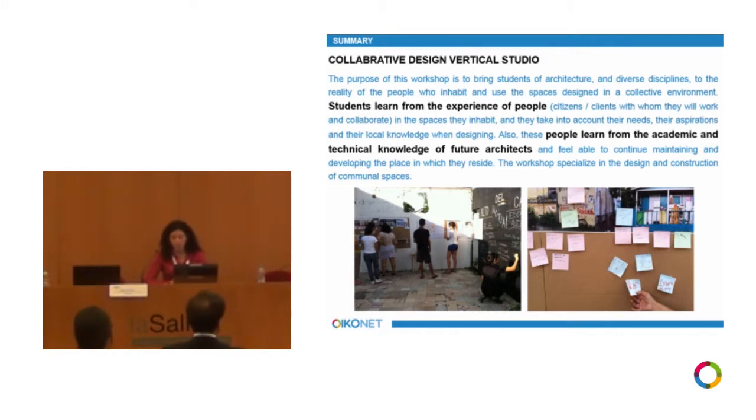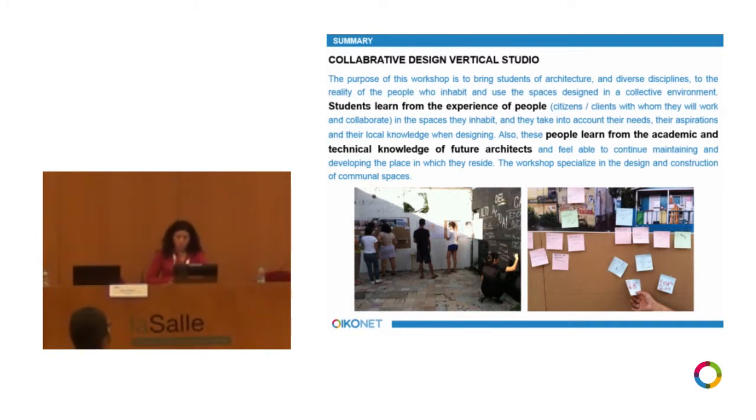The workshop specializes in the design and construction of communal spaces. In this case, we first went to the community several times, and we started observing what happened in there. One of the residents of the community gave us a tour and talked to us about the most important places in the community.